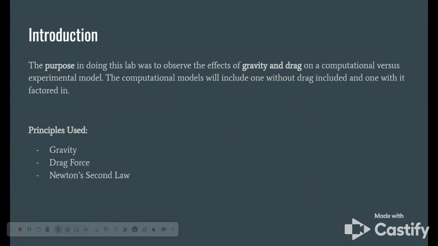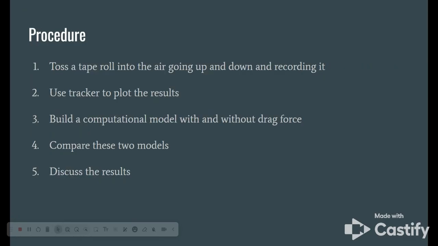So the purpose in doing this lab was observing the effects of gravity and drag on a computational versus experimental model. One of our computational models will have drag included, and one will be without drag. The physics principles we used were gravity, drag force, and Newton's second law.